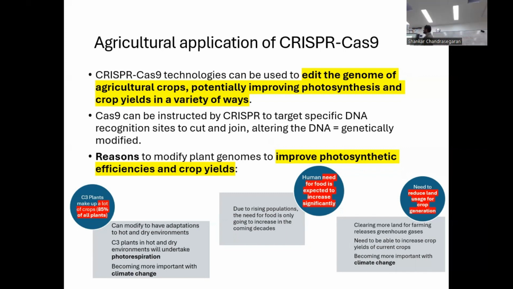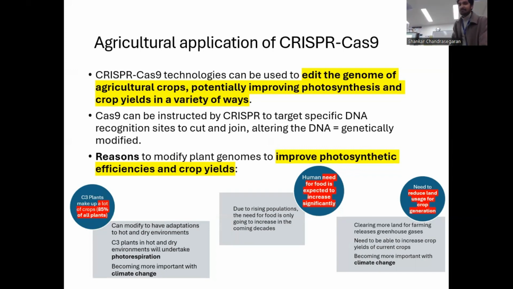So these are things we can program the genome to do, and all we need to do is specifically make a CRISPR-Cas9 sequence that can make the cut at exactly where we want to, and then insert the right gene or silence or remove the right gene to make sure that that happens.